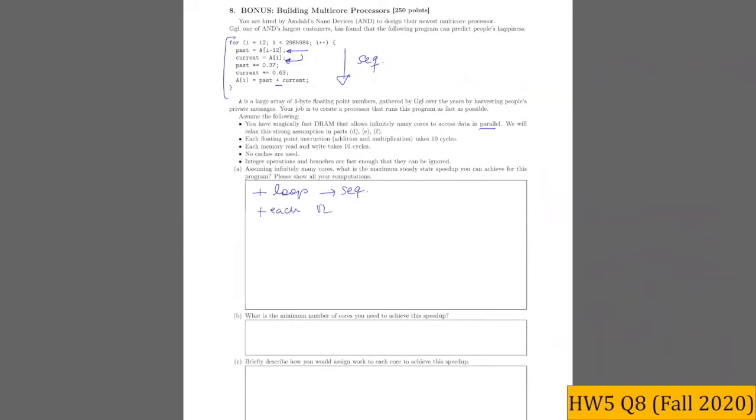Each 12 consecutive iterations can be executed in parallel, and the reason is because of the data dependency that exists between the first and 13th iteration. Therefore, we need to use Amdahl's law in order to find out what we can achieve by parallelism.